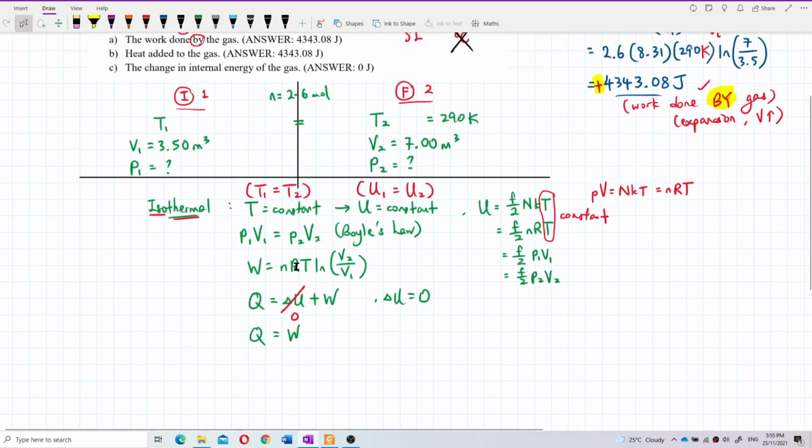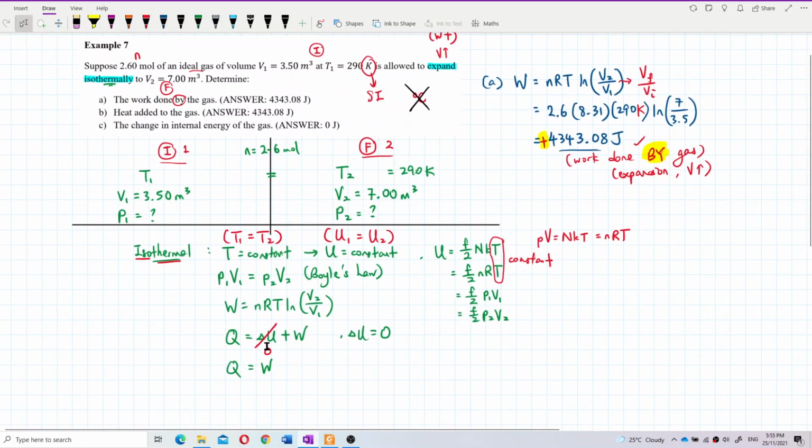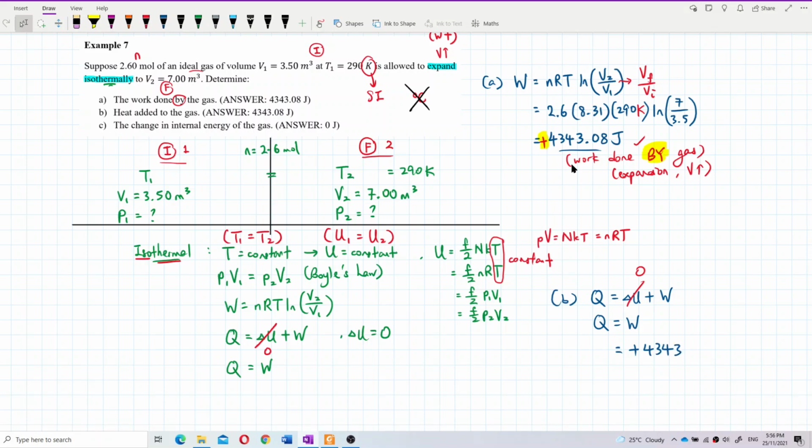Let's check using the first law of thermodynamics, Q equal to delta U plus W, for question B. Since delta U is 0 because it is an isothermal process, Q equal to W. Our work done is positive, 4343.08 joule.